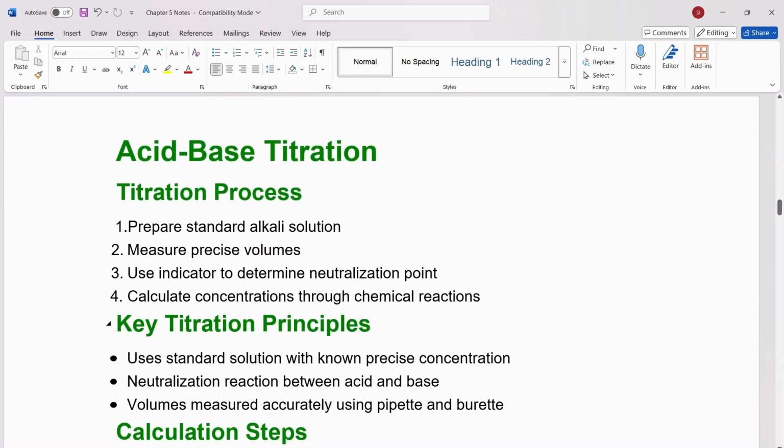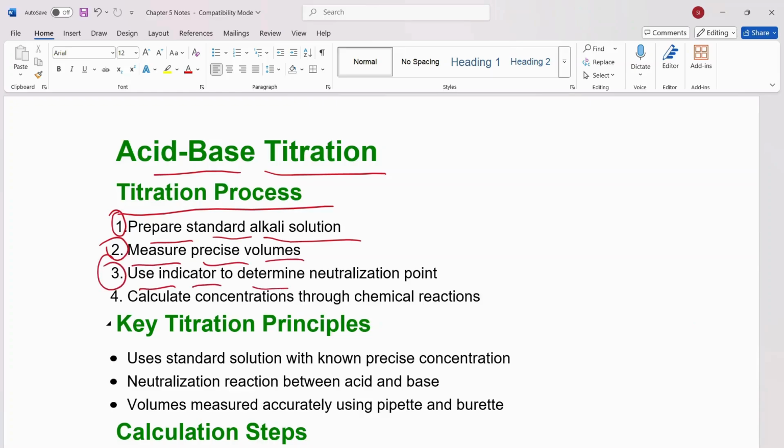Alright, now for acid and base titration. So, how to conduct the process of titration? First, prepare standard alkali solution, then measure precise volume, then use indicator to determine neutralization point, and now you can calculate concentration through chemical reactions.